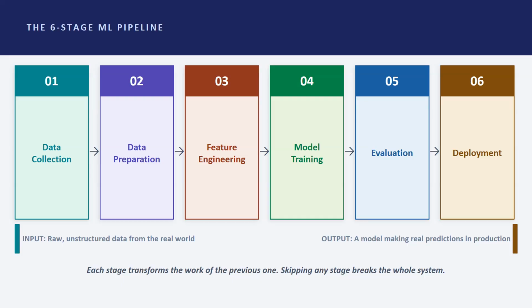Raw data becomes clean data, becomes useful features, features go into a model, the model gets evaluated, and if it passes, it gets deployed. Notice the input label on the bottom left, raw unstructured data from the real world, and the output on the bottom right, a model making real predictions in production. That's the entire journey compressed into six steps.